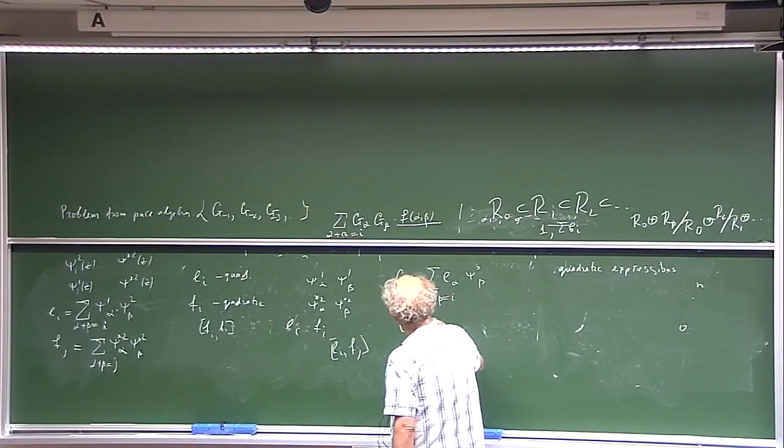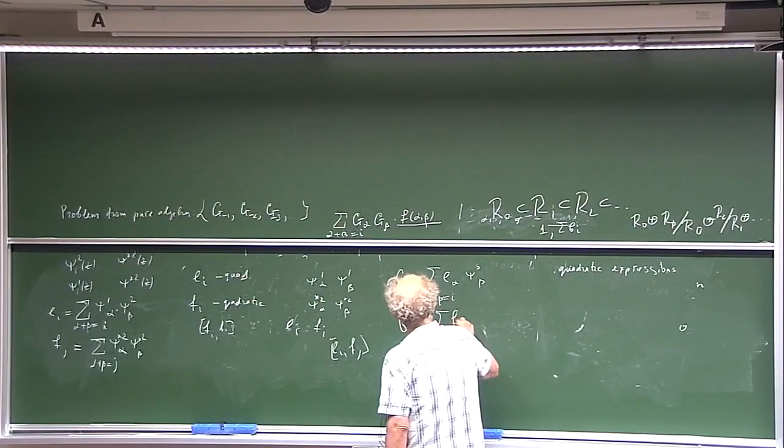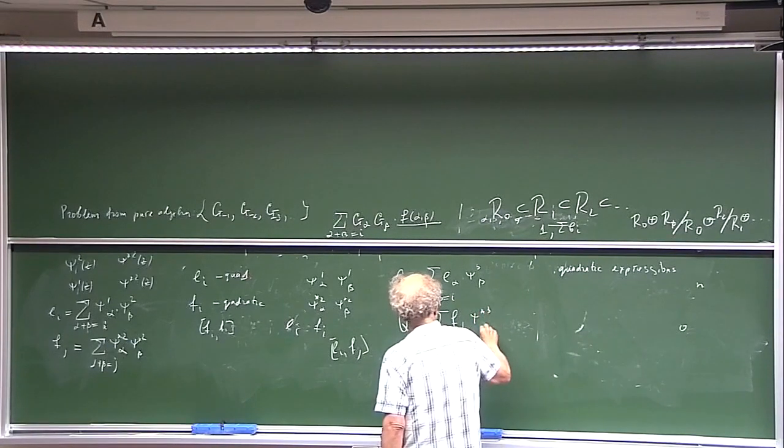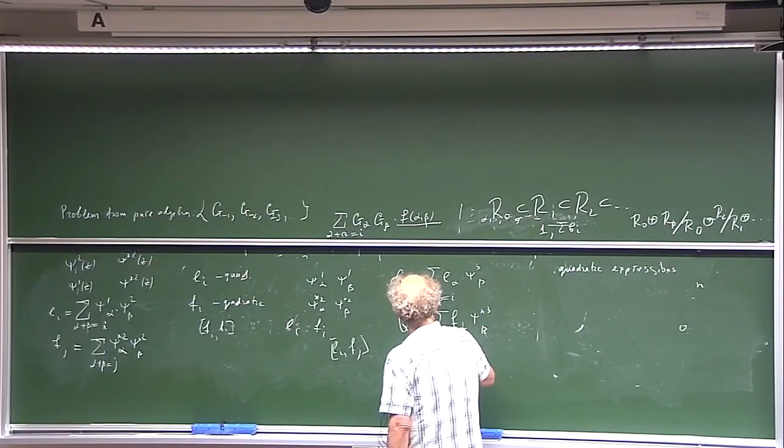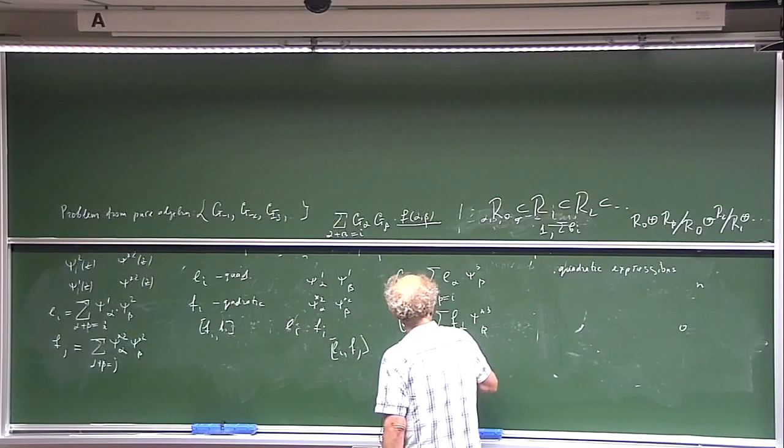And Q_i is the sum of F alpha psi star 3 beta, alpha plus beta maybe equal j.